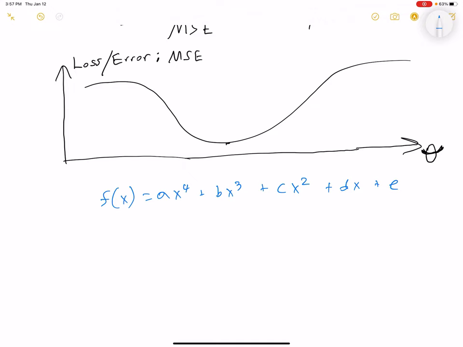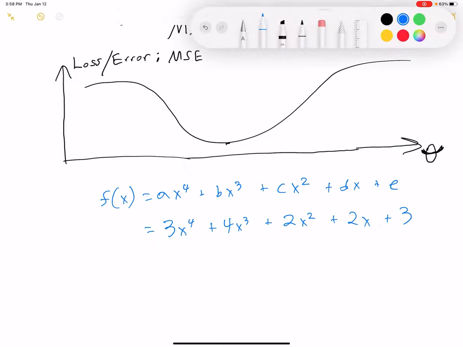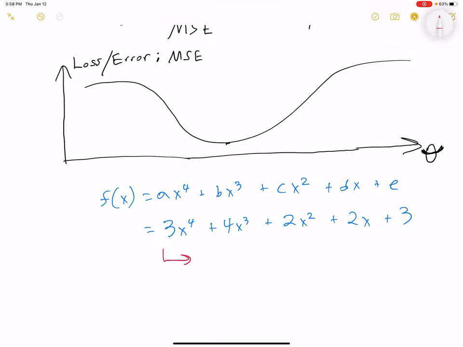So let's say you learned specifically 3x to the fourth plus 4x cubed plus 2x squared plus 2x plus 3. That means we would add 4 plus 3, 7, plus 2, 9, plus 2, 11, plus 3, 14.